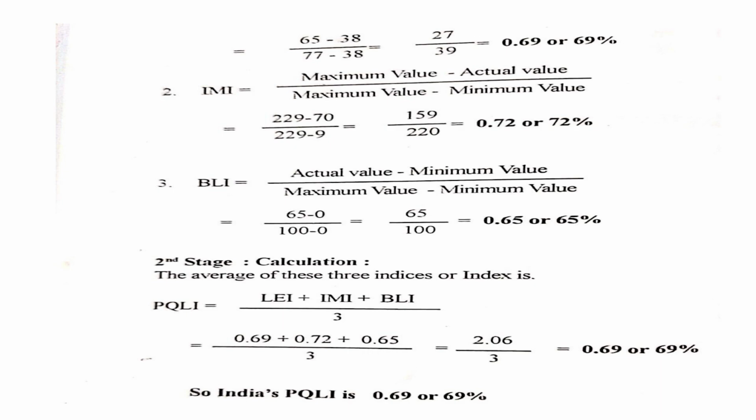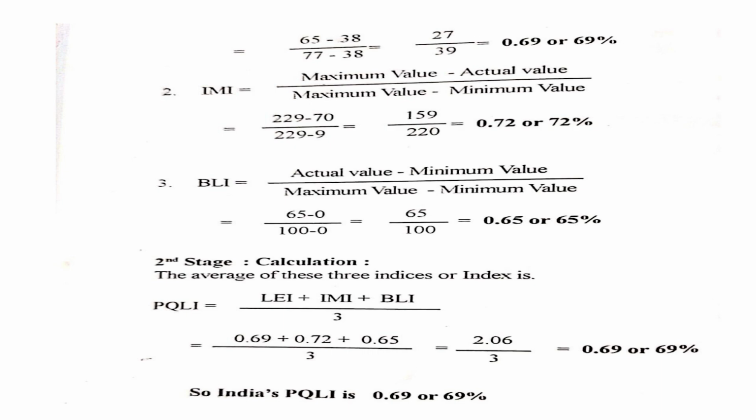Now, let us consider the value of life expectancy of India as 65 years, actual value of infant mortality as 70 per 1000 live births, and education as 65. Then the life expectancy index will be 0.69 or 69%, infant mortality index will be 0.72 or 72%, and basic literacy will be 65% or 0.65.